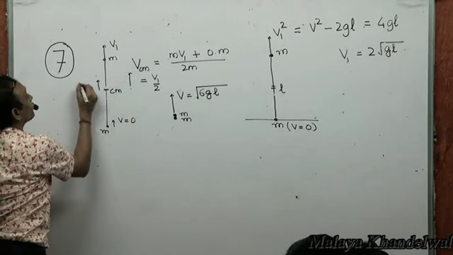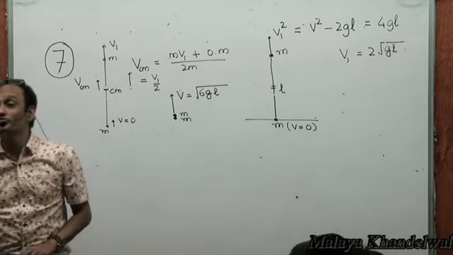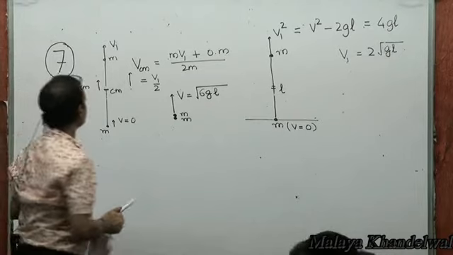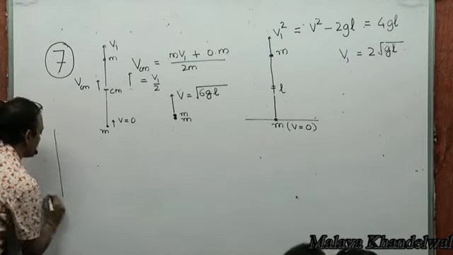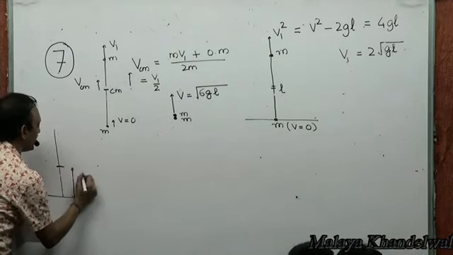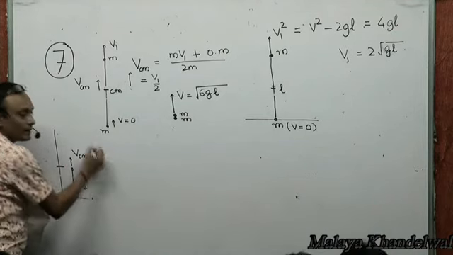vcm. Now, from this point, the center of mass moves under the influence of gravity, with an initial velocity vcm. Let's say initially the center of mass is at a height L by 2 from the bottom, and it has an initial velocity vcm, right?